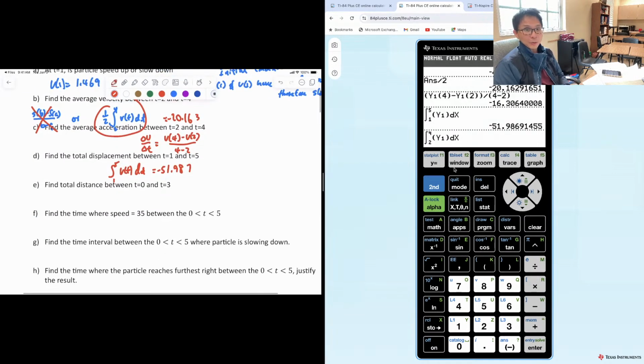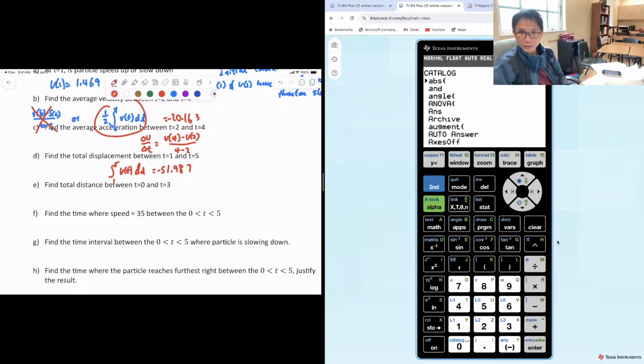Okay, total distance. What's the difference for total distance? Absolute value, right? So I'm going to do absolute value here. I don't know if I can do it here. Let me try it. Second, catalog, absolute value, and var, function y1, I think.